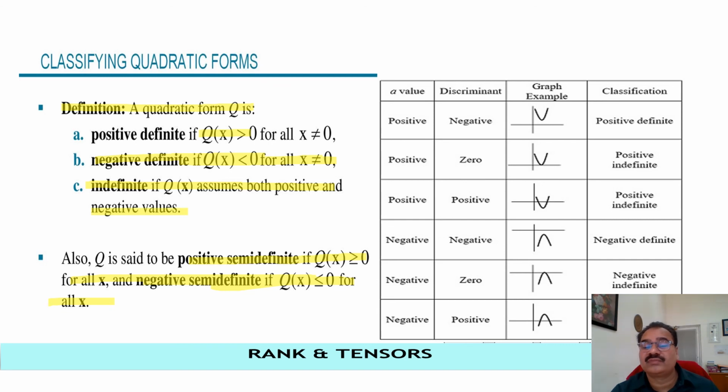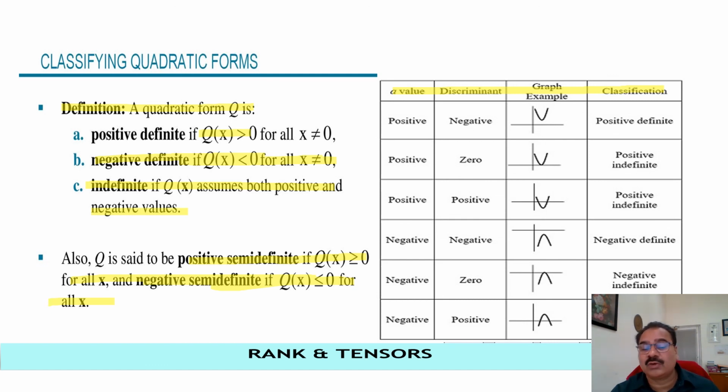If you look and differentiate here, the graph provides a clear picture. If the value of A is positive and the discriminant is negative, then the graph will be like this, and this is called positive definite.